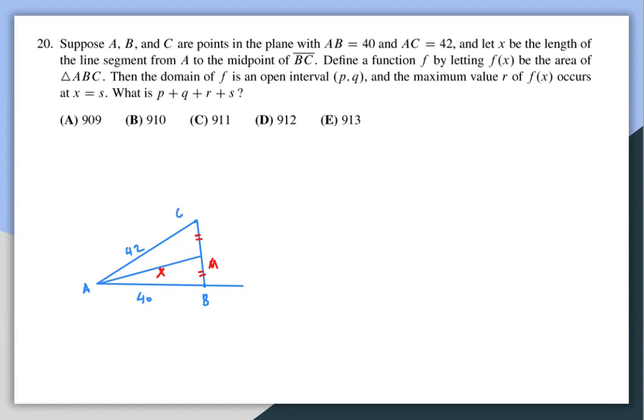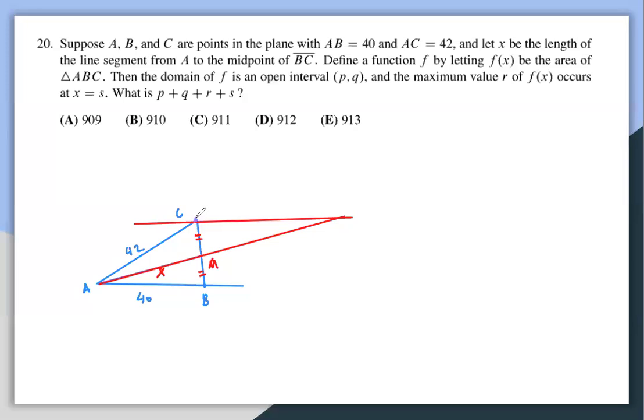So let's try extending AM. If I extend this AM a bit, then we can draw a parallel line from point C, touching that line at some point, which will be parallel to AB. If I do that, I will get something similar to this.